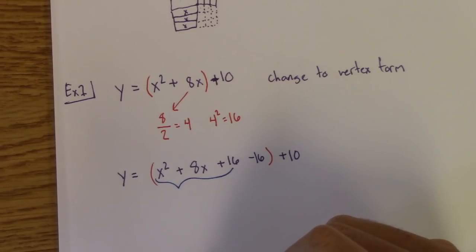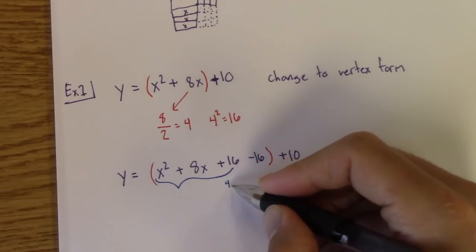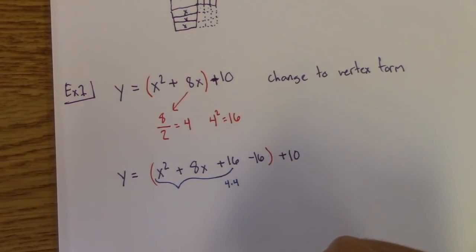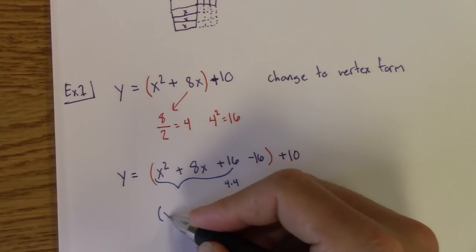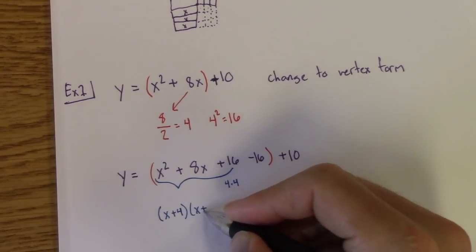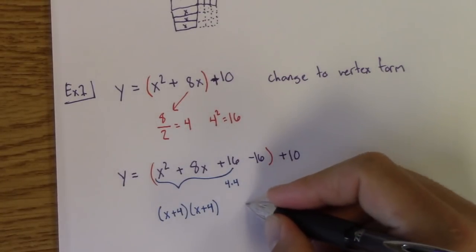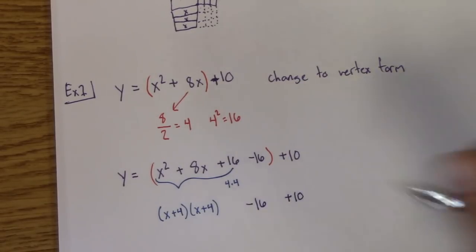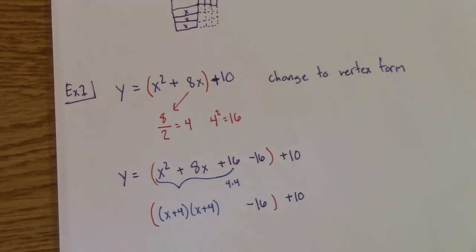And those 2 numbers for factoring are 4 times 4, right? 4 times 4 is 16. 4 plus 4 is 8. So these first 3 terms are really x plus 4 times x plus 4. And the rest is just going to come straight down. My minus 16 comes down, my plus 10, and for right now I'll even keep my parentheses.